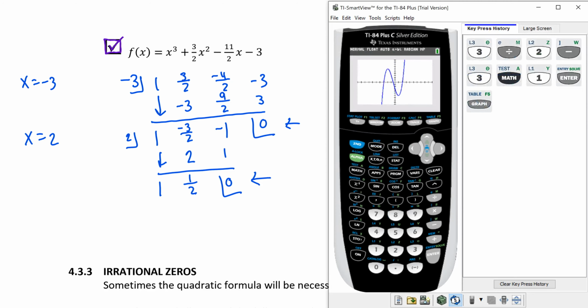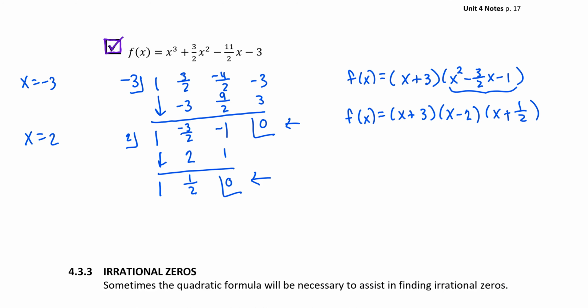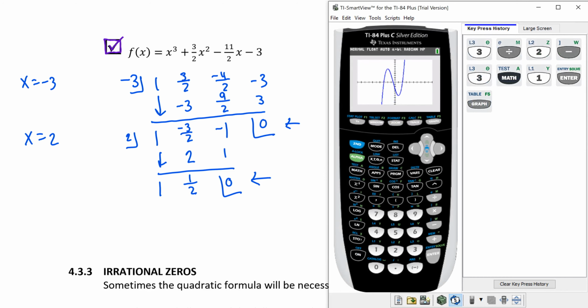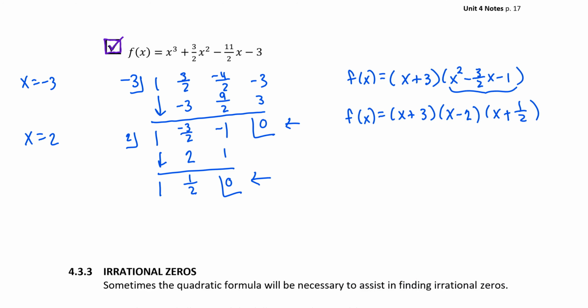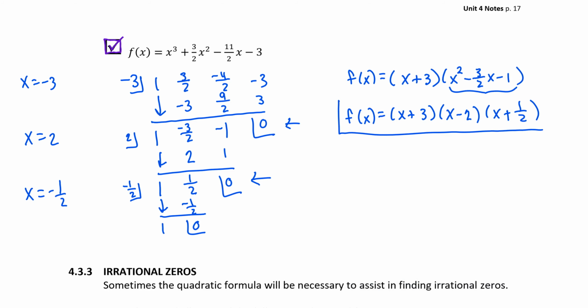And from our graphing calculator, it appears that -1/2 is an x-intercept. Just for good measure, I'm going to verify that with synthetic division to be super confident, and we are good to go. So we have 3 distinct factors, and we can also list our zeros as -3, +2, and -1/2.